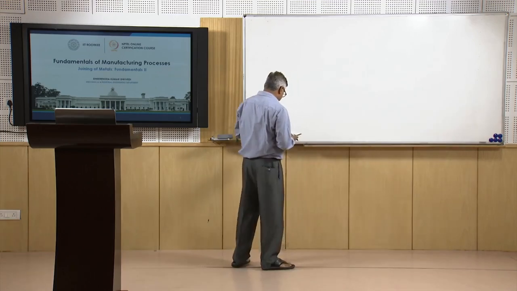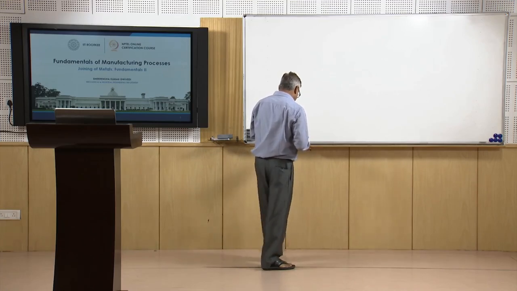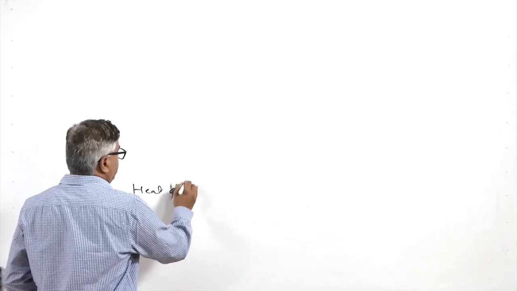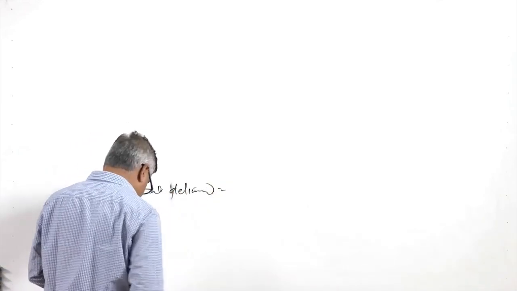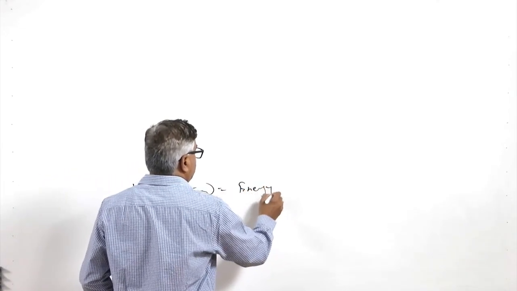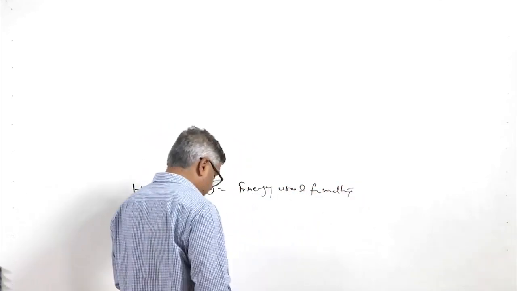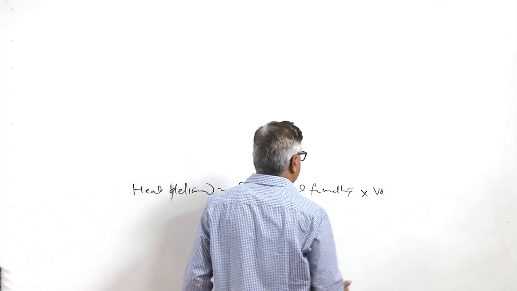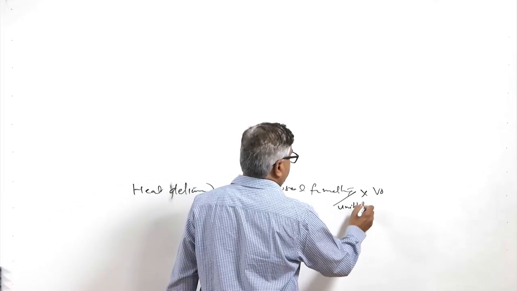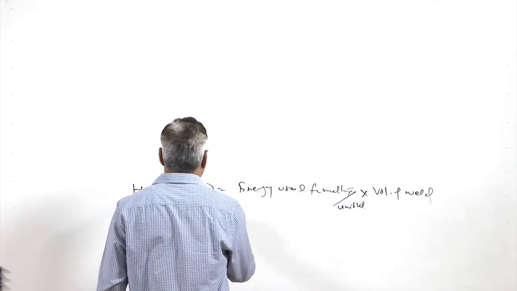If you have to calculate the amount of heat and the rate at which the weld is being made, the heat delivered during the welding is equal to the energy used for melting a unit volume multiplied by the volume of the weld being made.